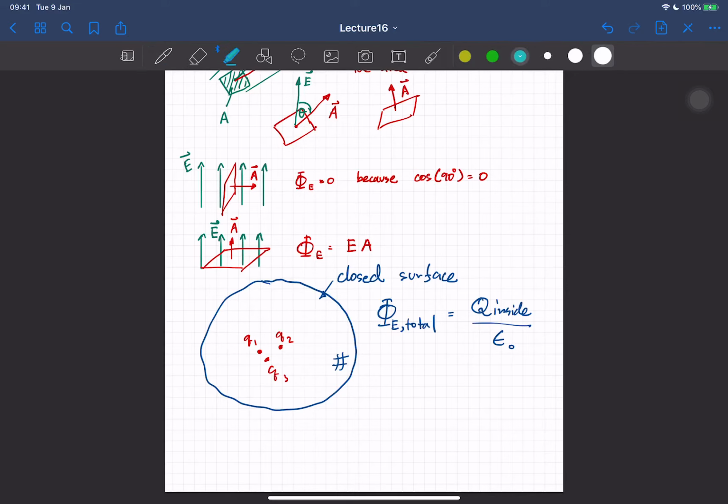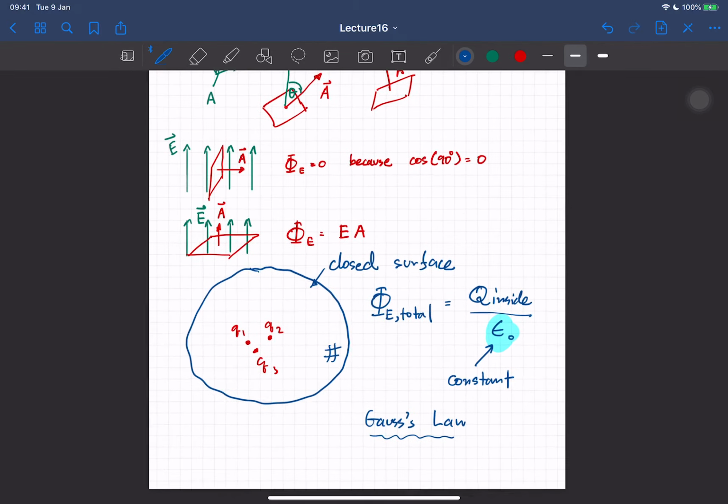So don't worry about what epsilon 0 exactly is. At this point, just think about it as some kind of constant, which I will talk about later. So this is the Gauss law. Again, it's a really strange law because sometimes we don't know how to use it. Okay, so again, let me try to explain this one more time, right?